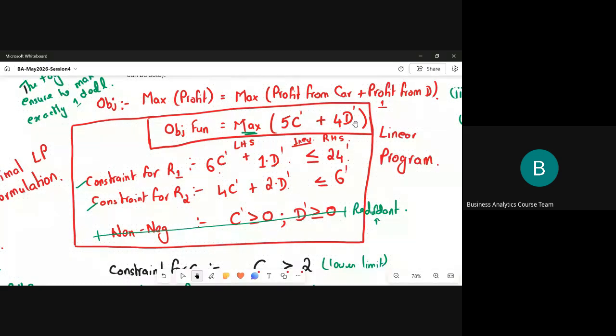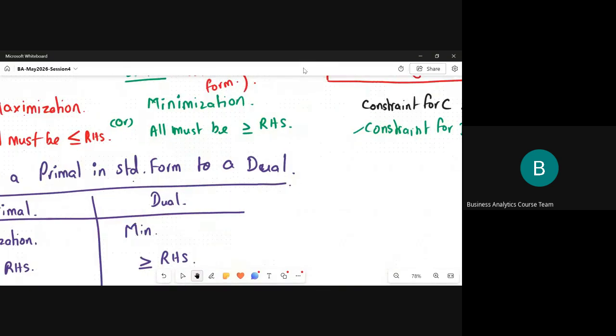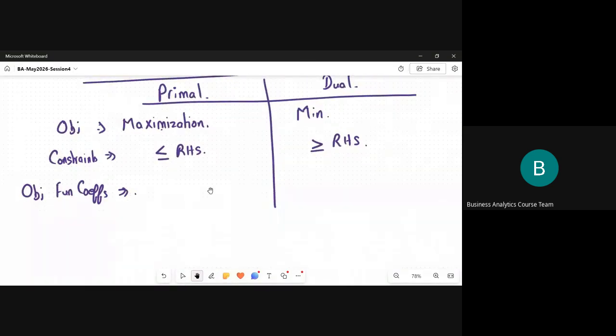For every doll that I sell, I'll make a profit of 4. Here, the objective function coefficients of the primal will become the RHS for constraints in the dual.